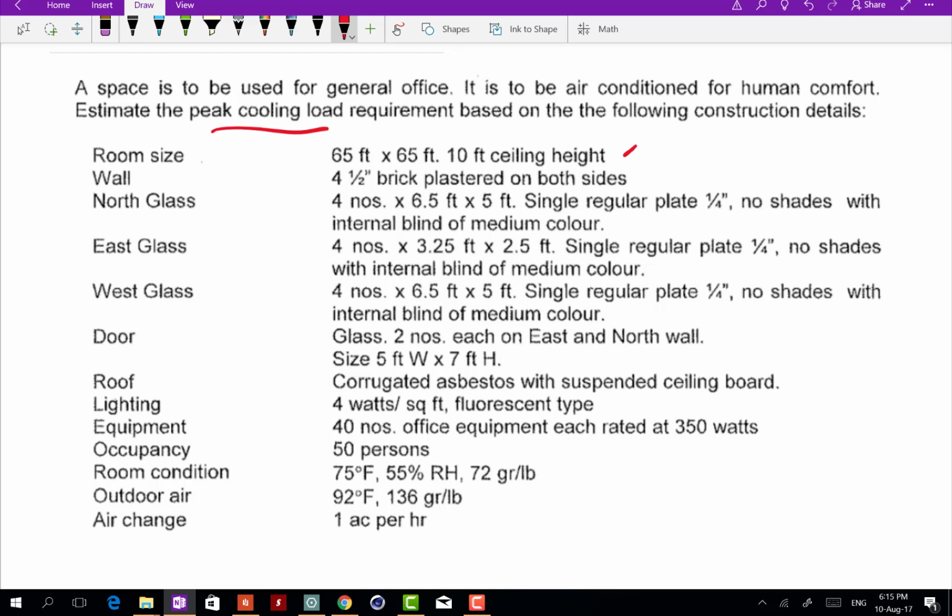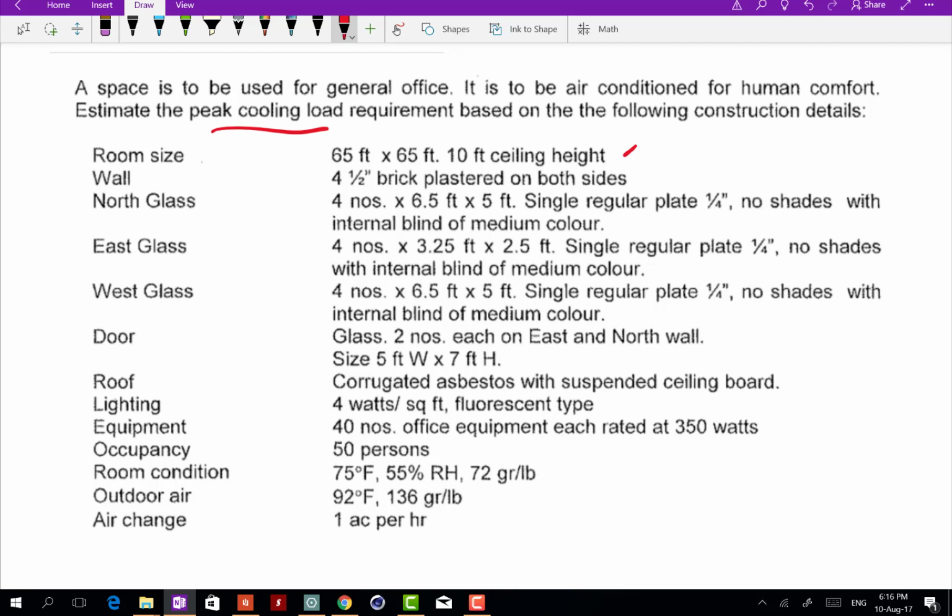And then on the north glass, we have 4 number of glass multiplied with 6.5 multiplied with 5 feet. It is made from a single regular plate, 0.25 inch, no shades.